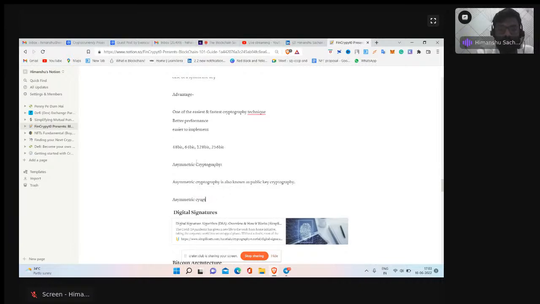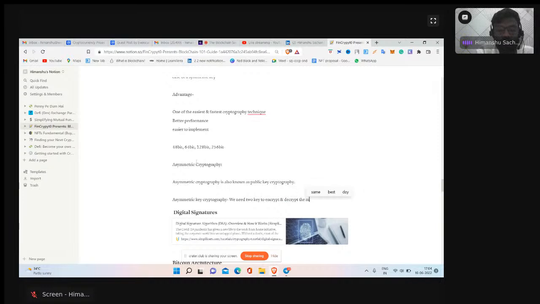This is the example of asymmetric key cryptography. In asymmetric cryptography, we need two keys to lock and unlock, which means to encrypt and decrypt the message.